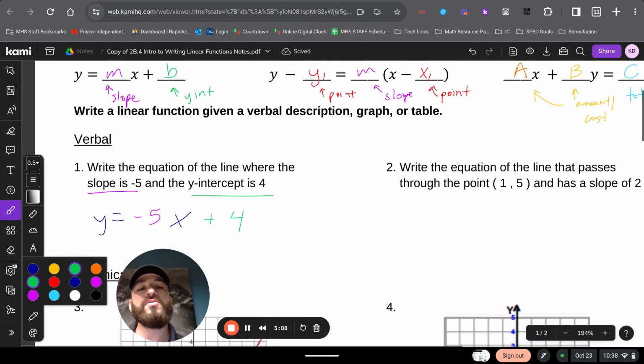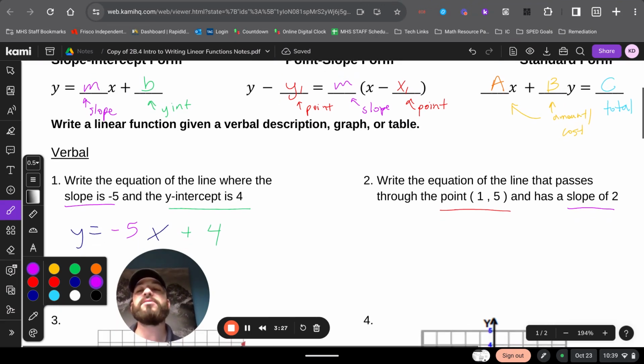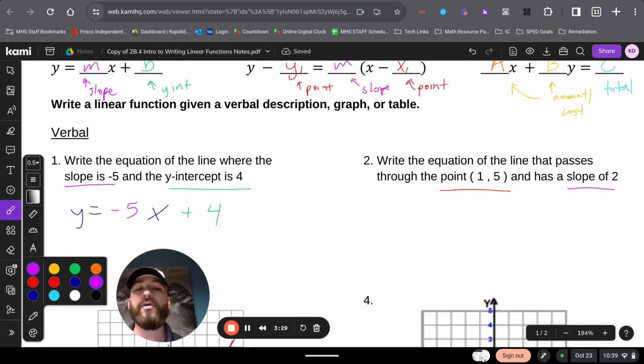All right, on number 2, they want us to write the equation of the line that passes through the point (1, 5) and has a slope of 2. So once again, just like on number 1, they did give us a value for slope, but this time they just gave us a general point, not the specific point of the y-intercept. So instead, we're going to use our point-slope form instead of our slope-intercept form.